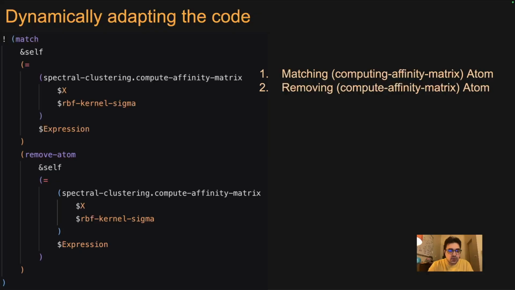Here we want to show the dynamic adaptability feature of MeTa that we mentioned at the beginning. Since every subprogram in MeTa is represented as atom, we can remove different functions and add new ones dynamically in the runtime by treating them as atoms and providing that the input and output types are consistent.